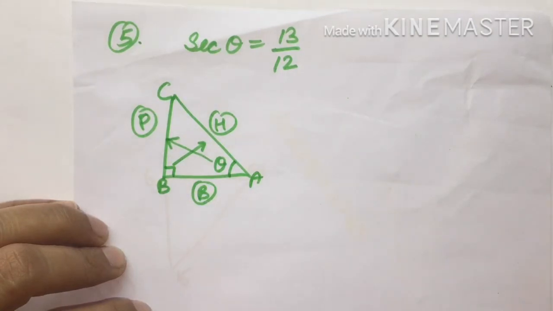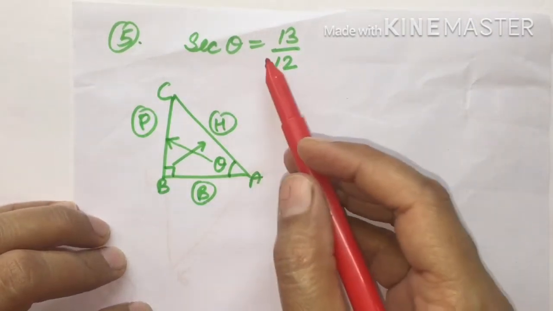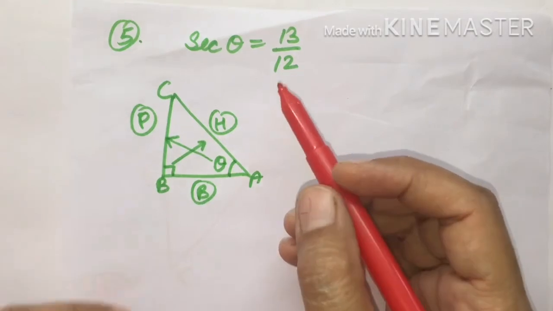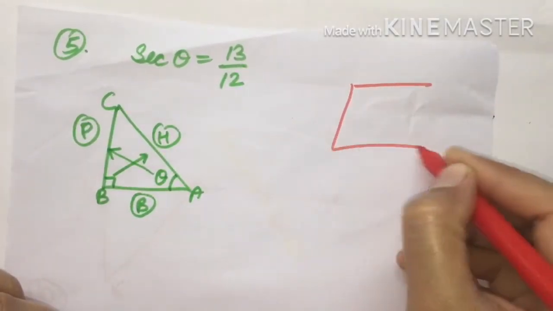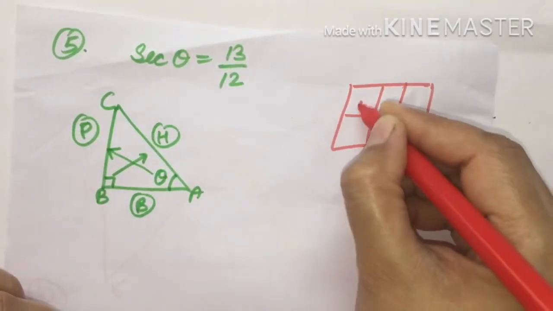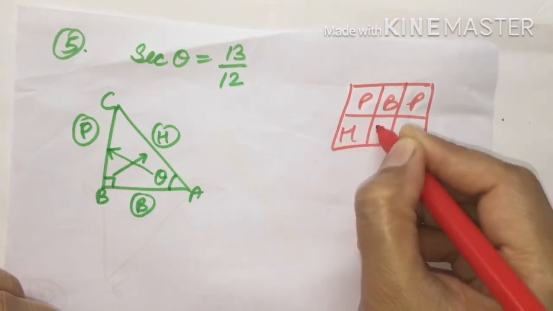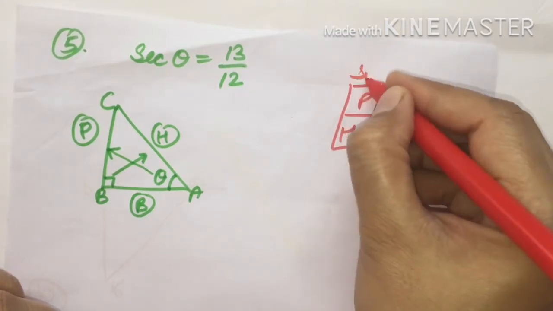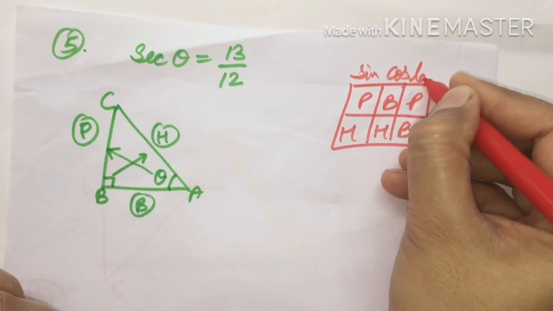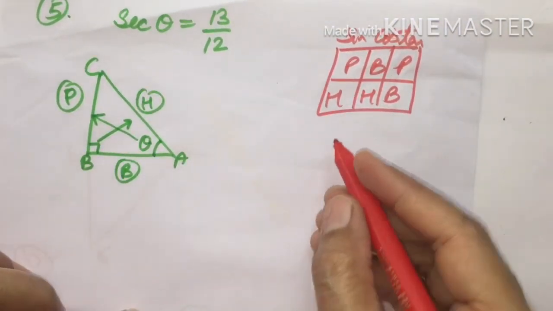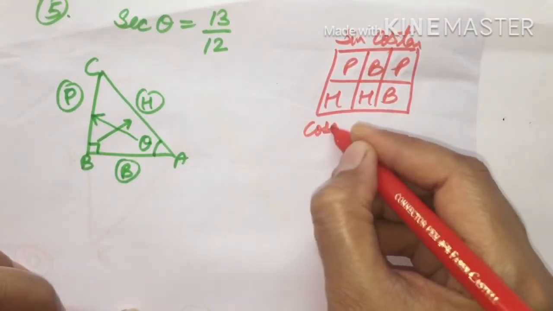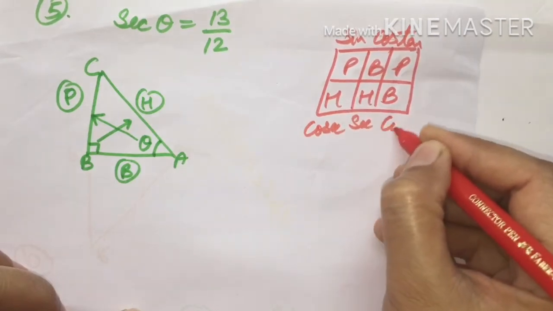So value is given because secant theta is 13 upon 12. So quickly we will make our table. Pandit Badri Prasad har har bole, sine cos tan, and opposite of sine cosecant, secant and cot.